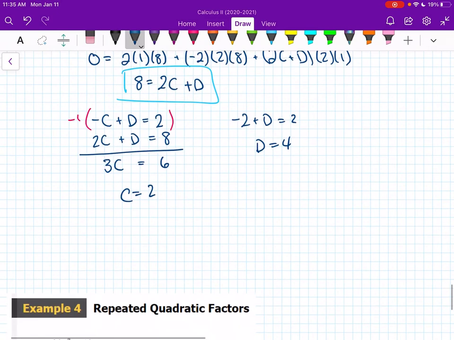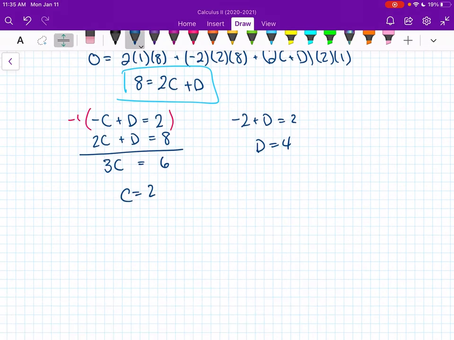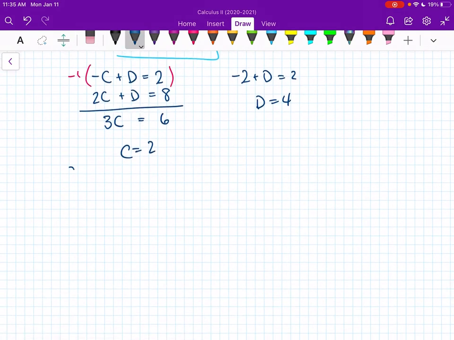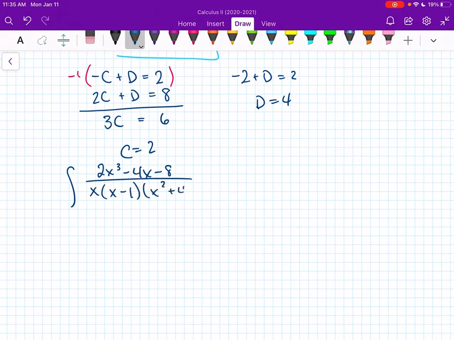So now we can go back to our integral. My original integral was 2x cubed minus 4x minus 8, over the factored version, x minus 1 times x squared plus 4, dx. And we're going to split that up into my integrals. So I have 2 over x, because that was a. B was -2 over x minus 1.